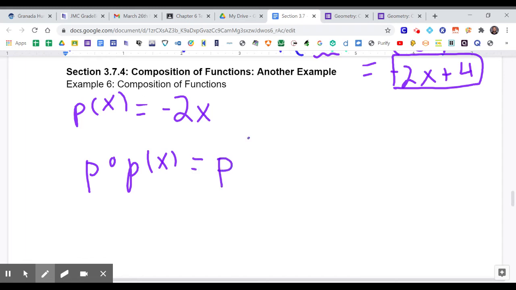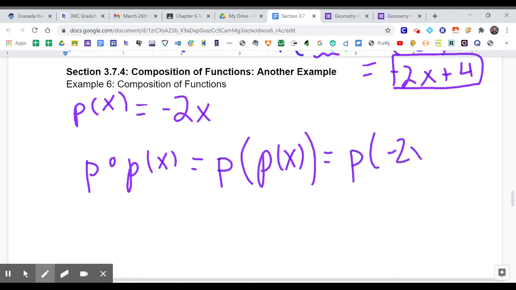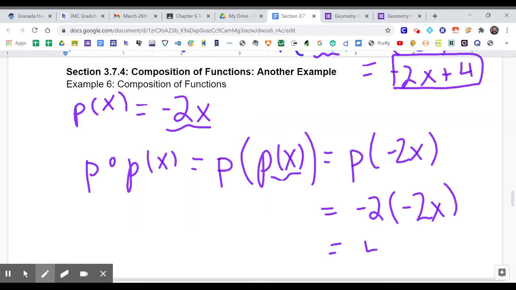Well, that would be p of negative 2x, because p of x is negative 2x. And then I do it again. So it's going to be negative 2 times negative 2x. And so that ends up being 4x. So it's interesting that this gives us this in the end.